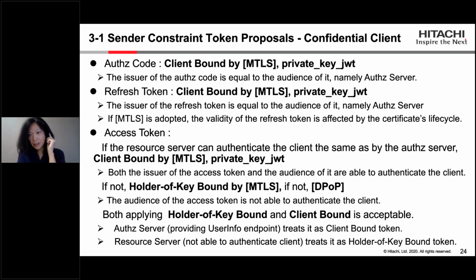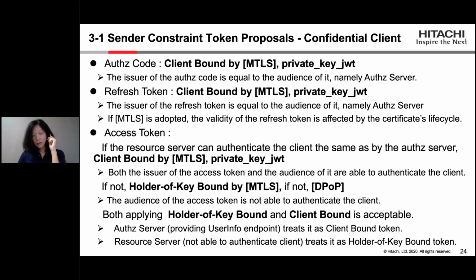authorization server, and the authorization server can do OAuth client authentication. So we can use the client bound method for each OAuth code and refresh token, I think so. Then for the access token, generally speaking, the access token's audience is the resource server, and the resource server generally cannot do client authentication in the same manner as the OAuth server.